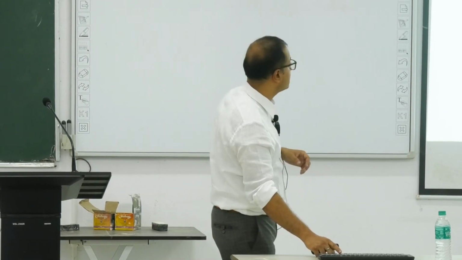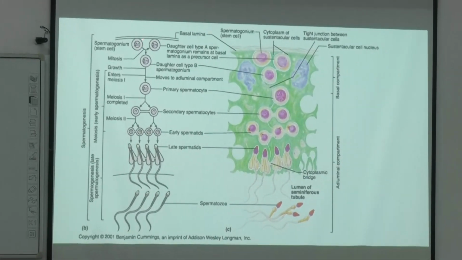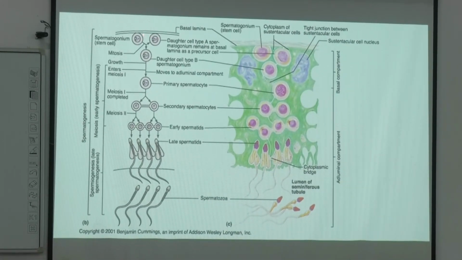So this is the sequence of things that takes place, settling down from the type A and type B spermatogonia stage. Then the primary spermatocyte goes into the 2N stage, a stage which takes place under the influence of hormones.